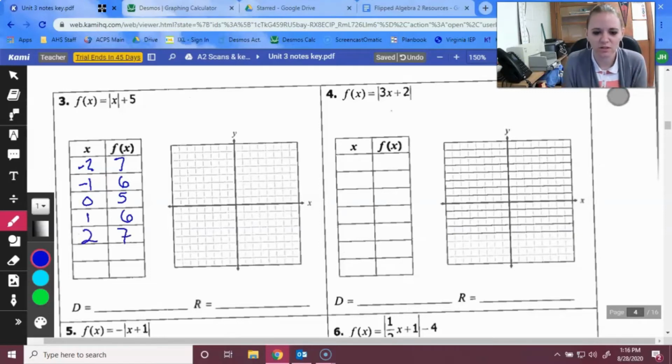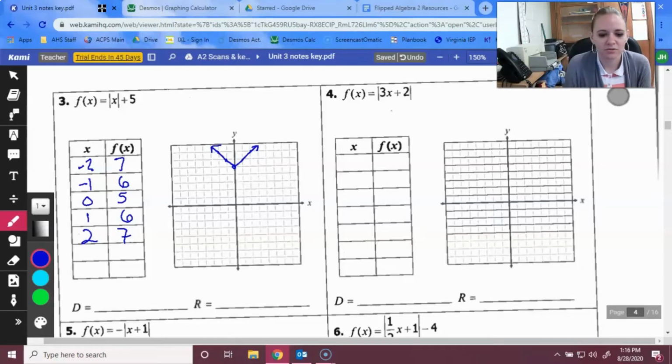There's some points to go off of. And where was our vertex? At 0, 5. 0, 1, 2, 3, 4, 5. And then negative 1, 6. Negative 2, 7. So you see some patterns in the graphs of these.